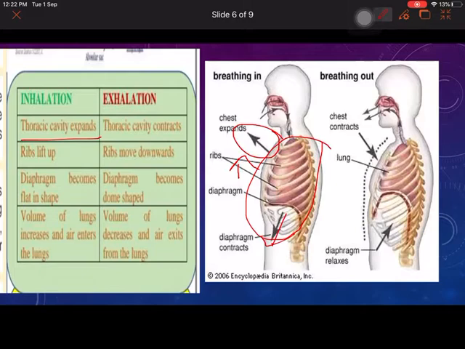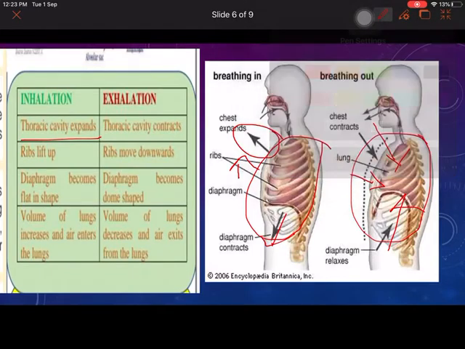When we breathe out, the chest cavity goes inside, the ribs go downwards, the diaphragm pushes upwards, and the volume of the thoracic cavity decreases. The purpose is to increase the volume during inhalation so that the maximum amount of oxygen goes inside, and during exhalation every little bit of CO2 goes outside, so that the maximum carbon dioxide goes out from your body.